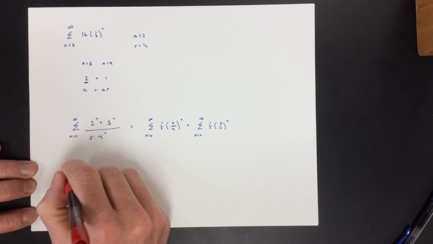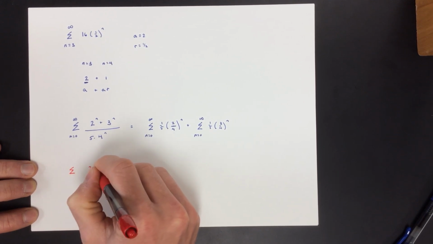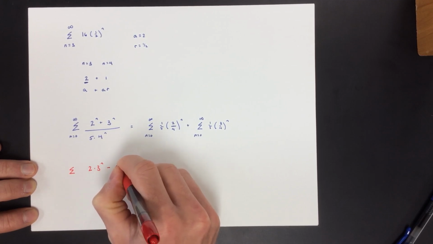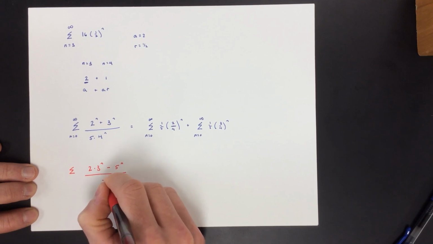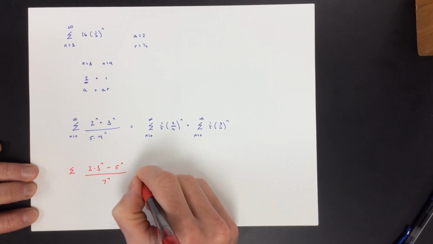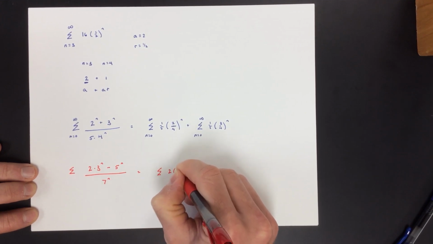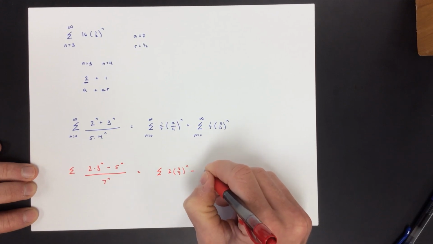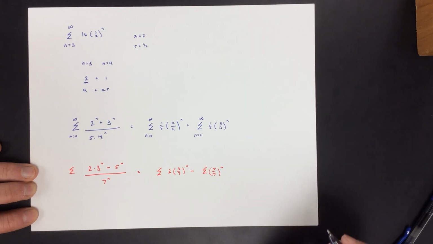You know, you could do 2 times 3 to the n minus 5 to the n all over 7 to the n, right? And that's just summing up 2 times (3/7)^n minus the sum of (5/7)^n.